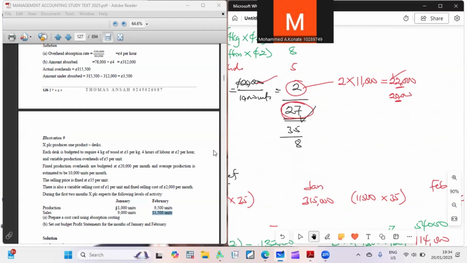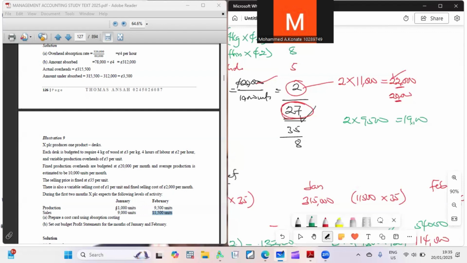Now here the level of production is 9,500. So it will be 2 multiplied by 9,500, which gives 19,000.